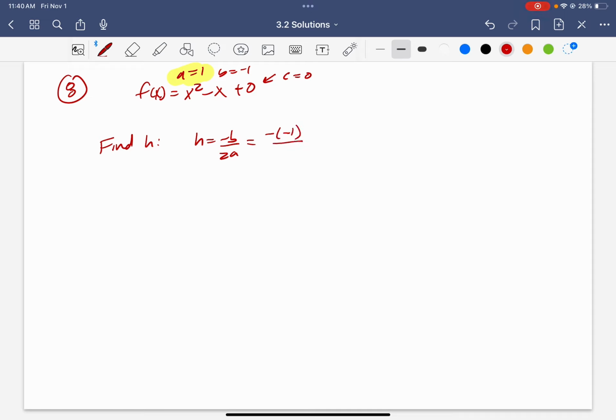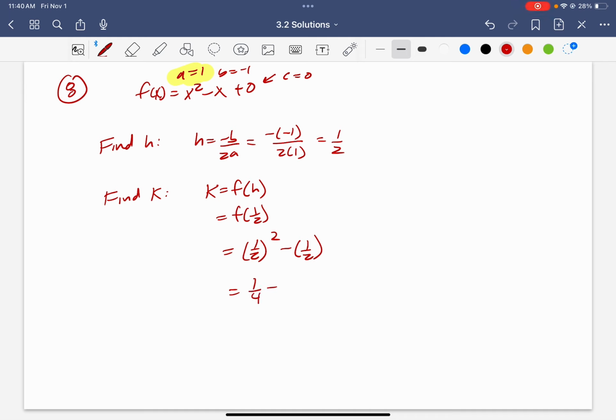So it's negative 1 over 2 times 1. So it's a half. And then to find k, k is f of h. So it's f of a half. So it's going to be a half squared minus a half. So it's going to be a quarter minus a half, which is negative a quarter.